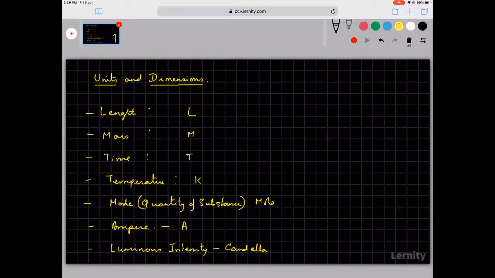And the statement I made is every other unit is a derived unit, and it is some combination of these fundamental units.